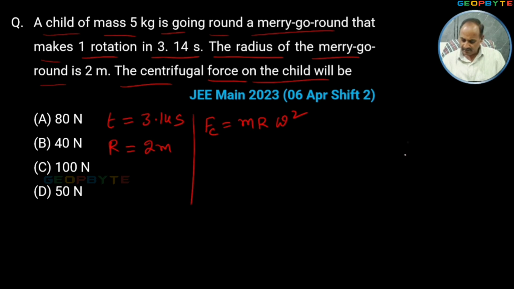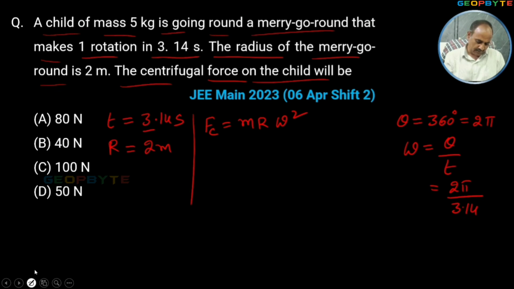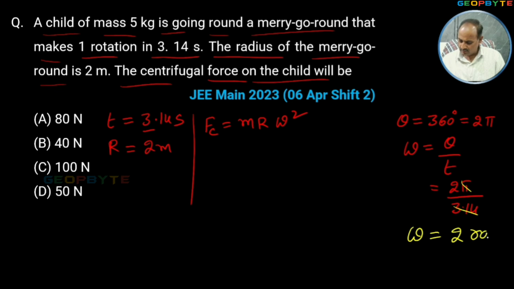Omega equal to what? Angular displacement divided by time. For one revolution, theta equal to 360 degrees, but it should be in radians, 2 pi radians. This is 2 pi divided by time. Time is 3.14, and as you know, pi value equal to 3.14, so this cancels.